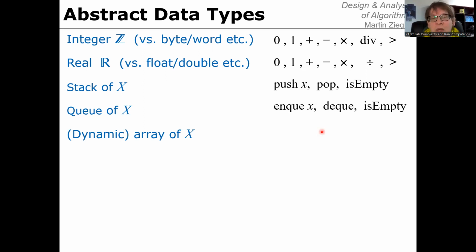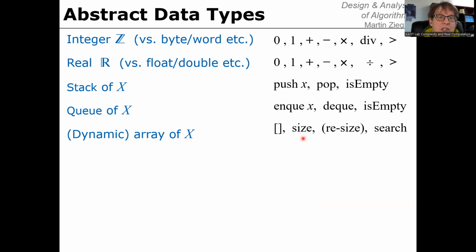Another derived data structure or data type is array, static or dynamic array of an existing data type. So we can have array of integer, array of real, array of stack, array of queue, or array of array, which is simply a two-dimensional array. And operations supported on the array are index access, write access, or read access. And then there's the size operation, which returns the current size of a dynamic array.